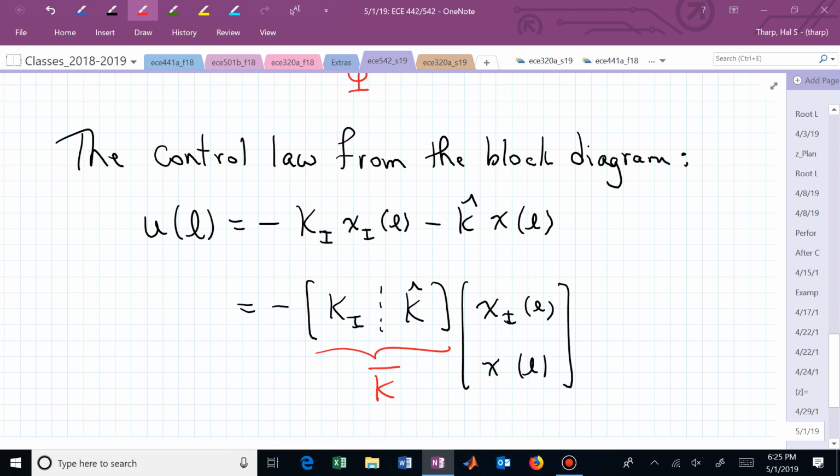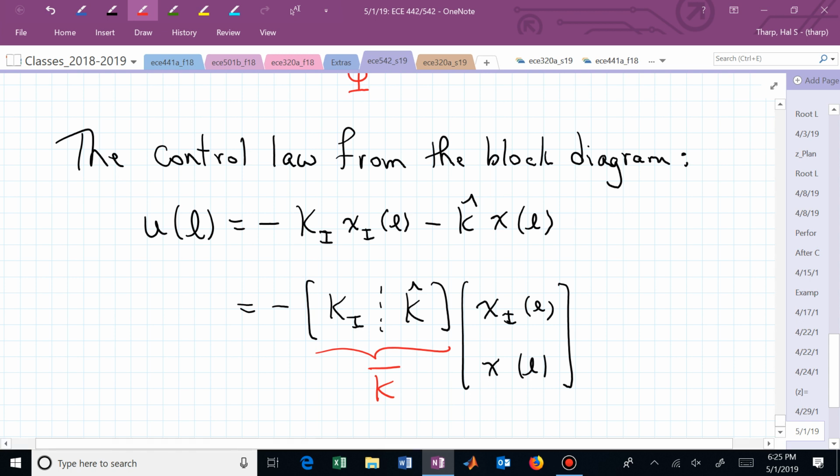And it's just been added to by one additional component, which is the k sub I. But if you can now find the k bar, you can partition this.